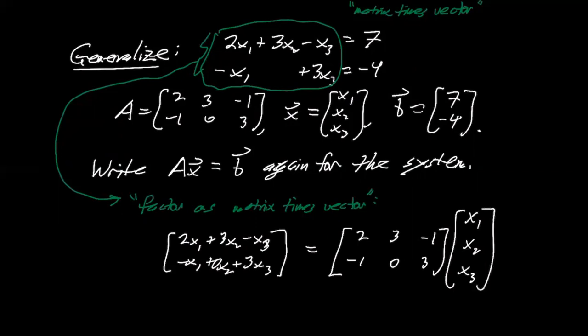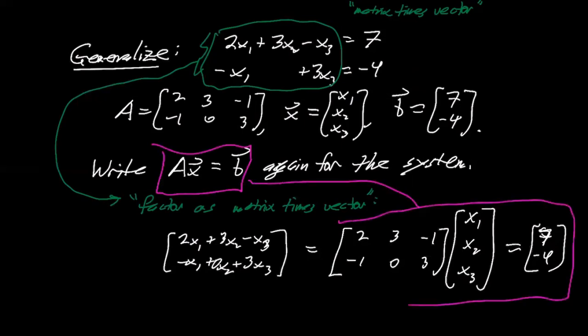And we're setting that equal to the vector 7, negative 4. So in some ways, this is a convention, but it's actually a nice convention, or a motivated convention, that we're rewriting this as this. And yeah, so that's the idea.